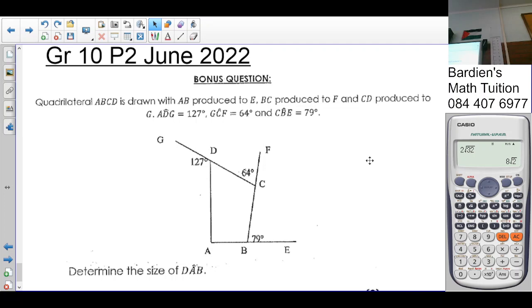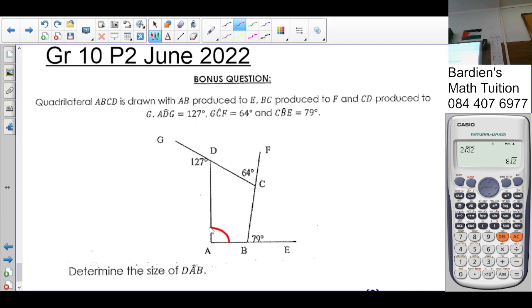Then we are told that ADG is 127, GCF is 64 degrees, and EBC is 79 degrees. Determine the size of DAB.